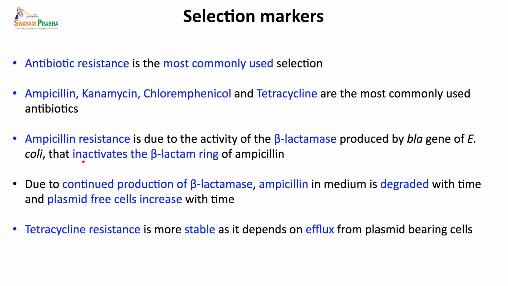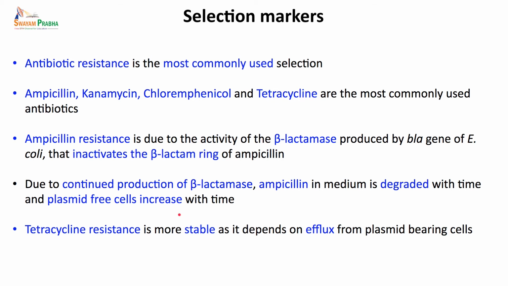This beta-lactamase inactivates the beta-lactam ring of the ampicillin. So, if you are continuously producing the protein, then continuous production of beta-lactamase will eventually degrade all the ampicillin present in the media. So basically your selection pressure is gone. Because of that, plasmid-free cells can increase with time in the culture, and the protein production will suffer.